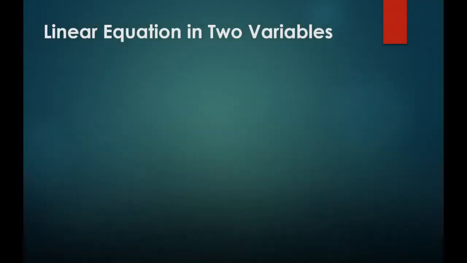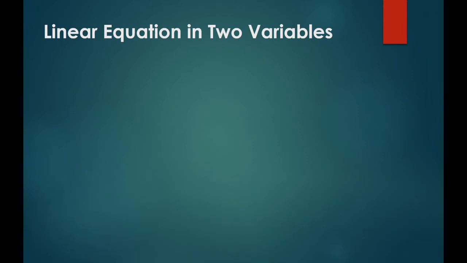Now, we have this linear equation in 2 variables. That line can be represented by an equation. Ibig sabihin, yung linya pala na ginawa natin kanina, may katumbas siya na equation. At yung equation na katumbas niya, ang tawag doon ay linear equation in 2 variables.